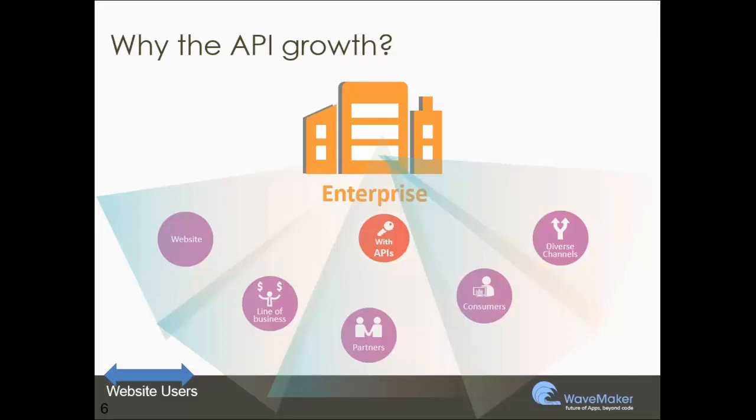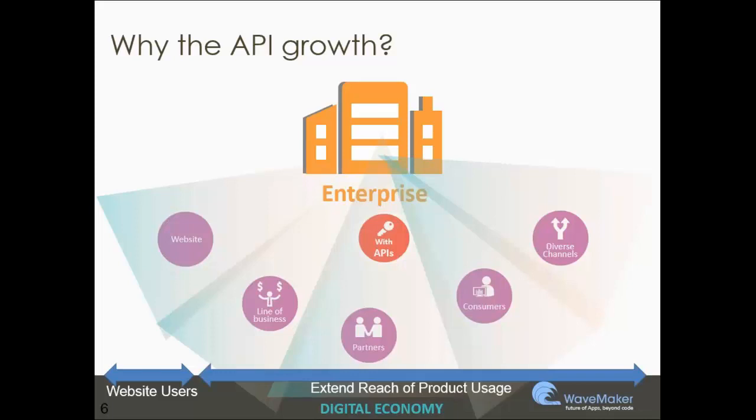And all of this is possible using APIs that enterprises can now leverage and communicate to these stakeholders. What this has resulted in is now enterprises have the ability to extend the reach of their products and services and participate in the modern digital economy that we are all reading and seeing every single day. So there you can see the benefits of using APIs.